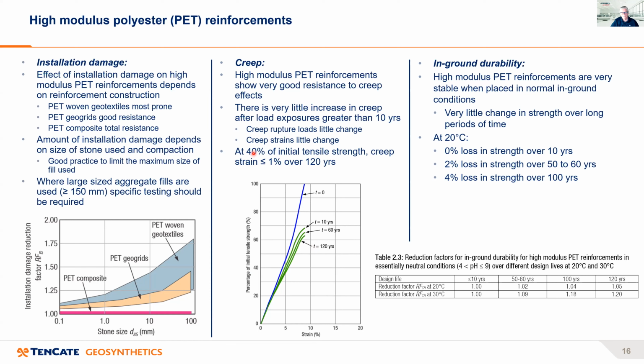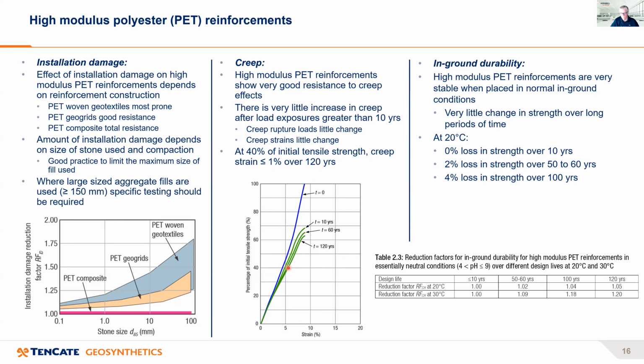And normally, the typical loads in the reinforcement are around about 40% of the tensile strength of the material. And so at the 40% level down here, you can come across here and you can see the change in strain at 40% load is normally less than or equal to 1% over 120 years. So it's very little increase in strain over long design lives.